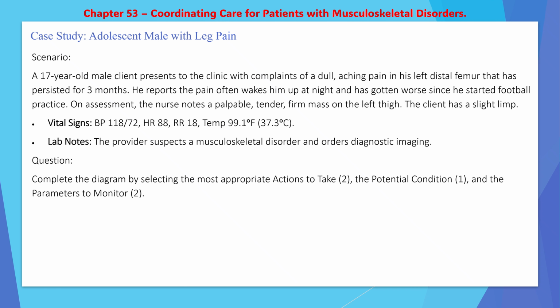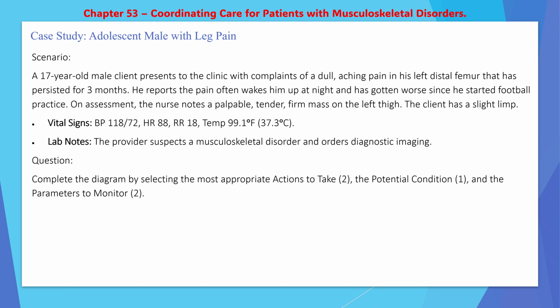Case study: adolescent male with leg pain. Scenario: a 17-year-old male client presents to the clinic with complaints of dull aching pain in his left distal femur that has persisted for 3 months.